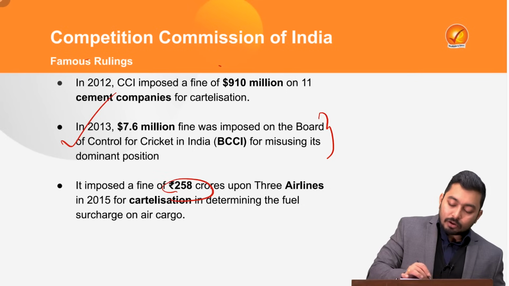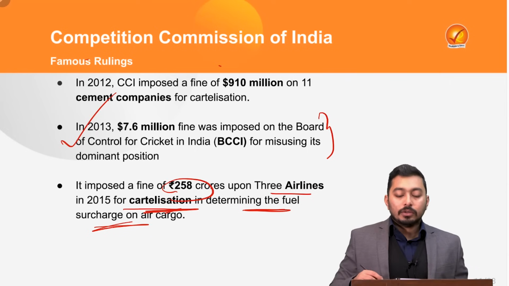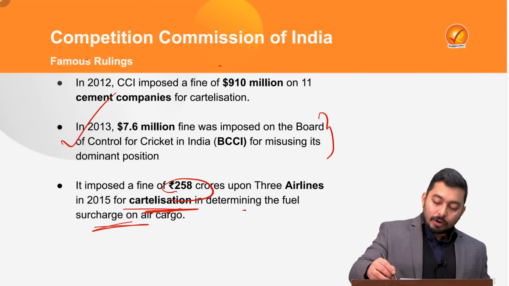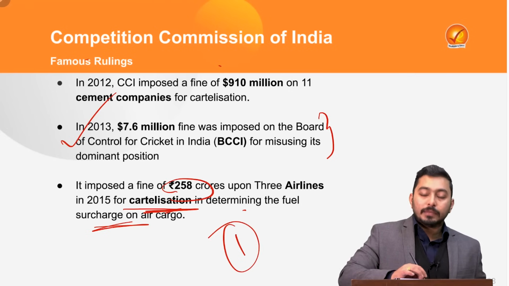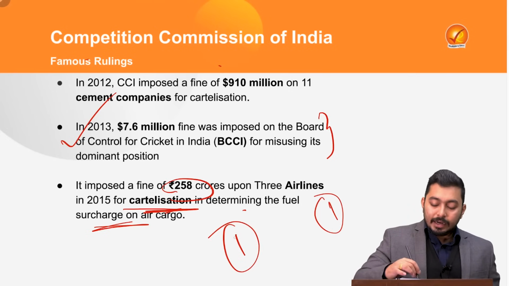Then 258 crore on the airline industry for cartelization in determining the fuel surcharge on air cargo. So you add 1 rupee. Let's say Zomato adds 1 rupee in your cart. Swiggy also adds 1 rupee in your cart. Then next day 2 rupees, 3 rupees.